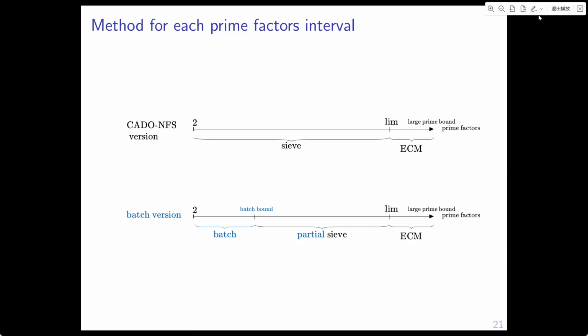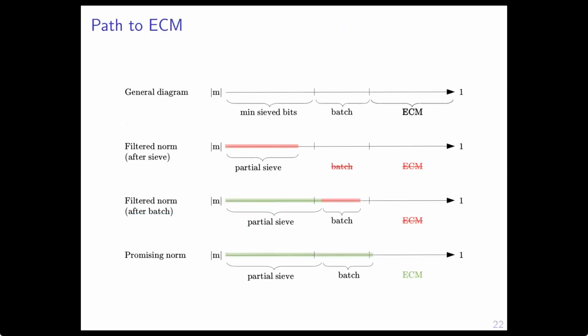To compare both versions: in the original version, we use the sieve to recover factors below lim and ECM above. In our hybrid version, we use sieving to recover factors below lim but above the batch bound, and factors below that are recovered thanks to the batch factoring algorithm. As before, we have the number of bits of a specific norm, and we are trying to find all factors and get it to one.